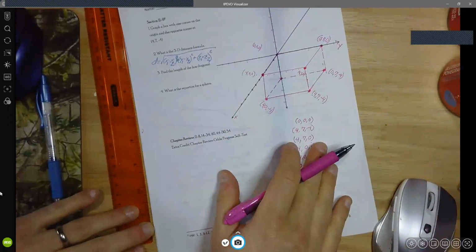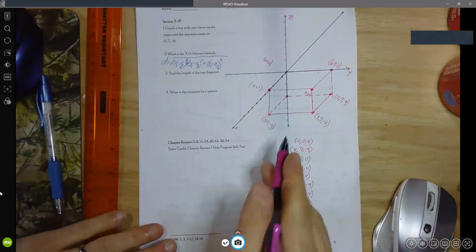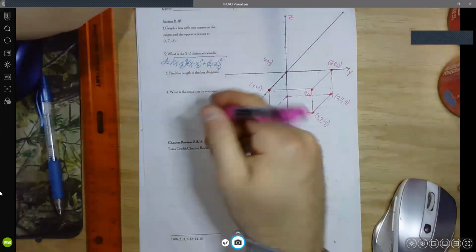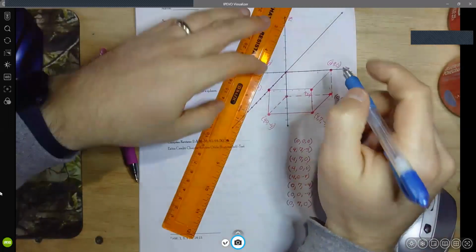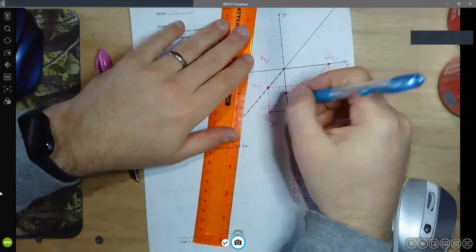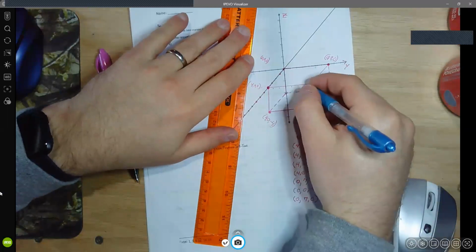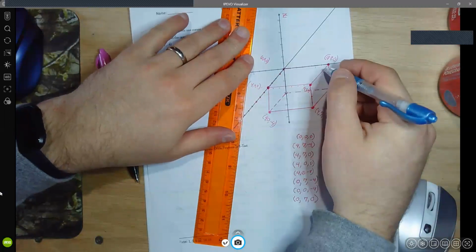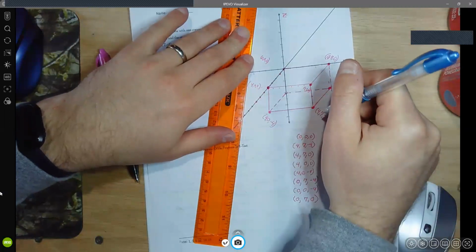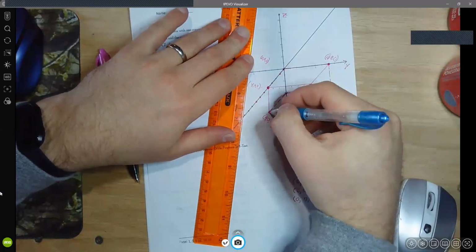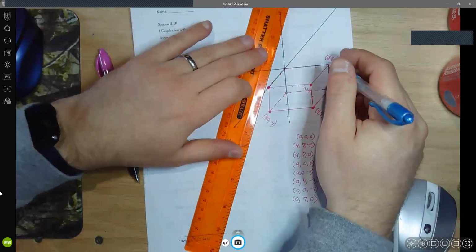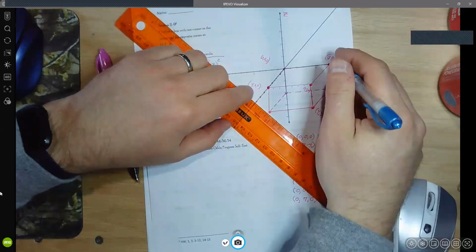All right, find the length of the box diagonal. So let's draw the diagonal in, and you can go from either rear corner to the front, or you can go from bottom left to top back. Doesn't make a difference.